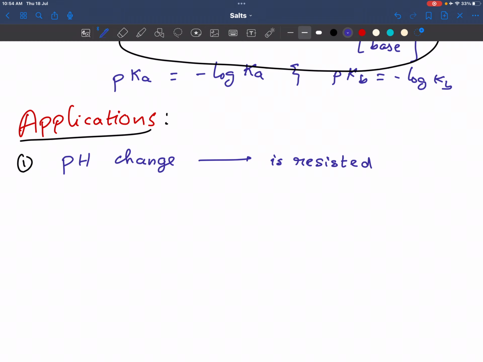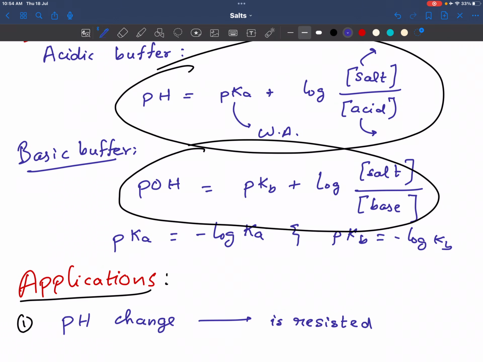Basic buffer add chesi right proportions lo mix cheyali. As we saw here, when using a basic buffer, if salt is more, it becomes less basic, because if POH increases, basic nature decreases.